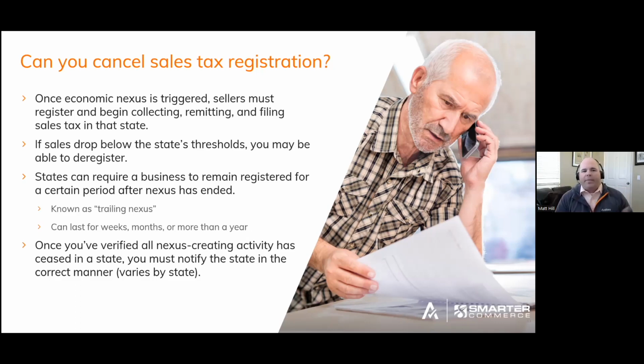And so they're looking at the last weeks, months, or it can even be more than a year. So nexus is really an obligation. Once you turn it on, you are now notifying the state, hey, I am a taxpayer, I'm registered, I'm collecting tax, and I'm remitting tax in that state. And so it's not a switch that you can easily turn on and off.